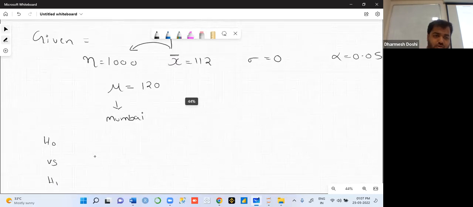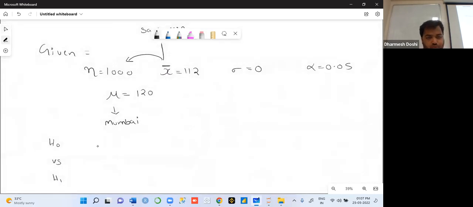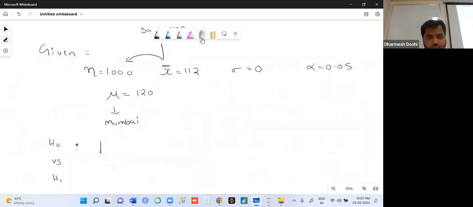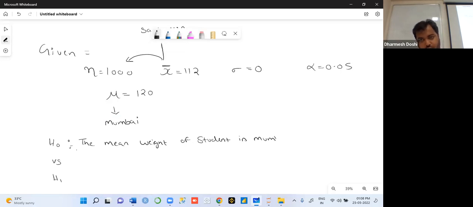Right, H0: the mean weight of students in Mumbai is 120.